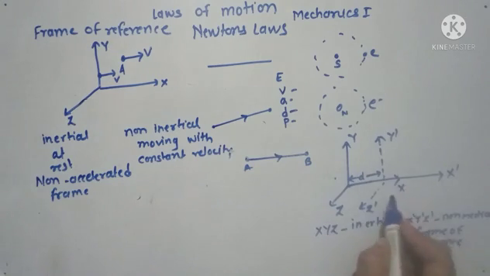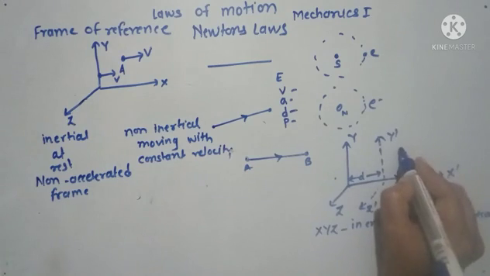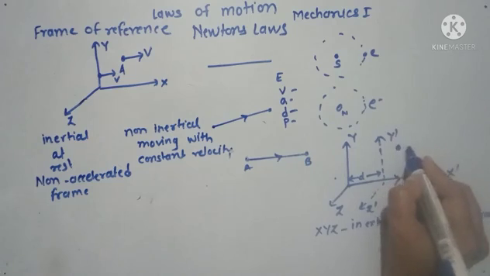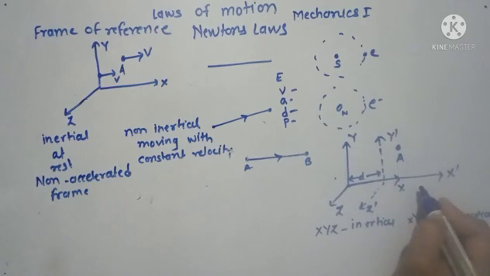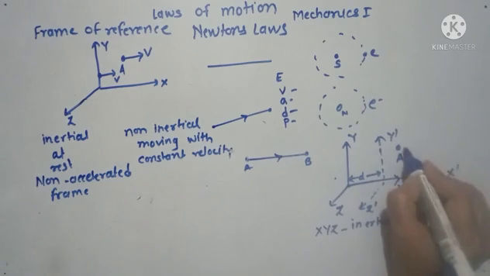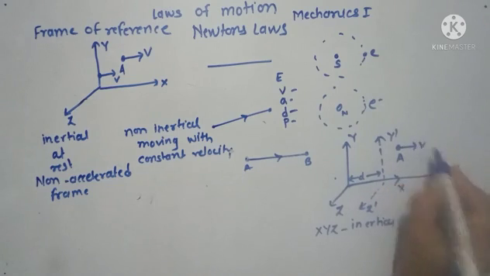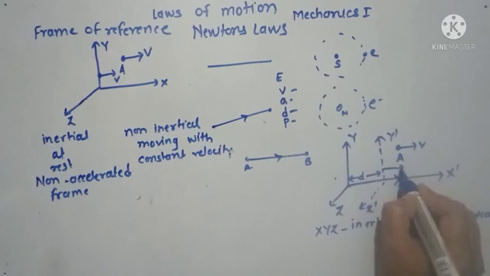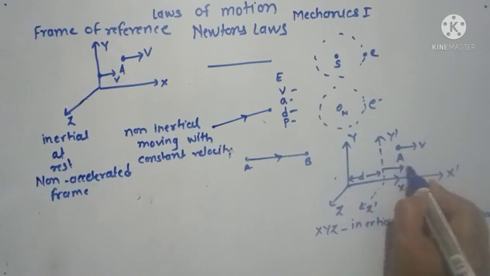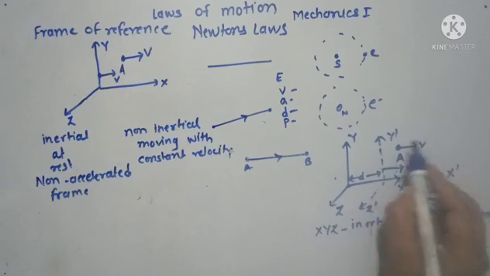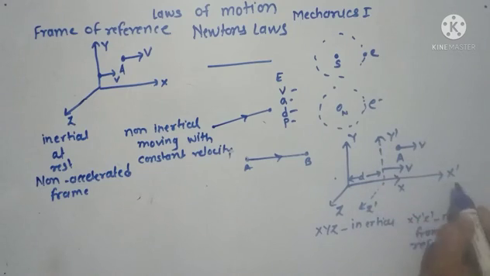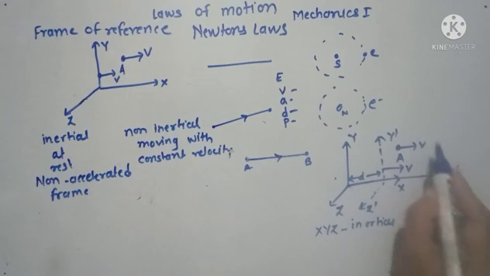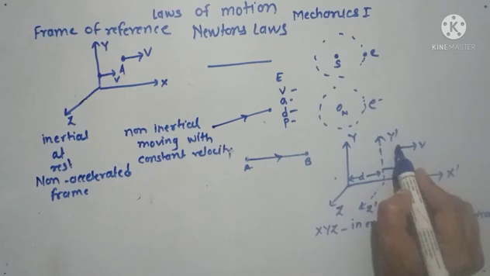Now if I have one particle, say A, and this particle is moving with some constant velocity v, and this frame of reference is moving with the same constant velocity v, then this x dash, y dash and z dash will become the inertial frame of reference for this particle.